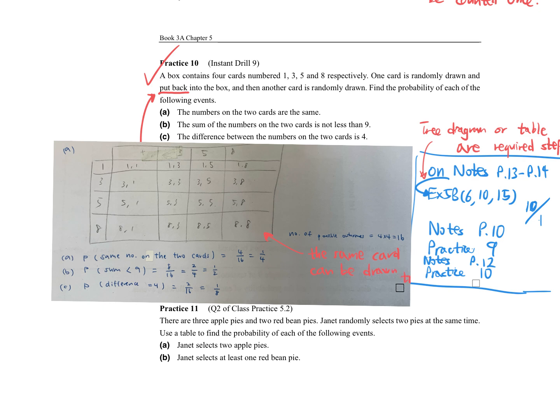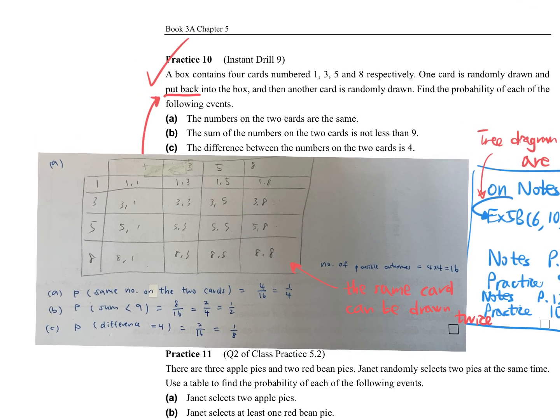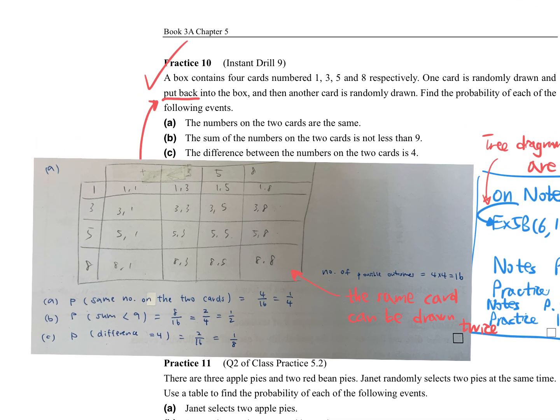And her outcomes are listed in the table. Something comma something represents that particular outcome, whereas the sum, the first item, the numbers are the same, 4/16.